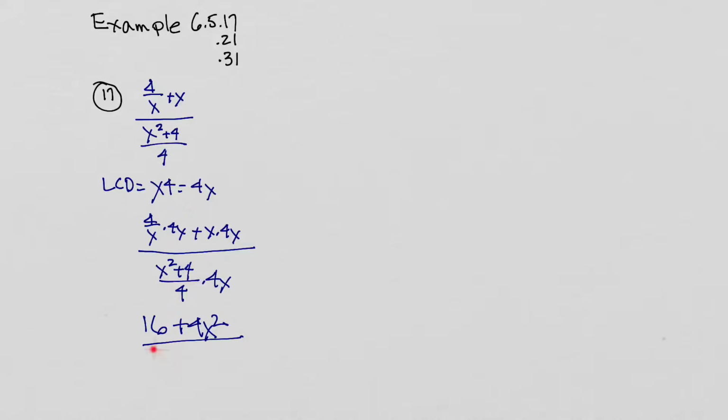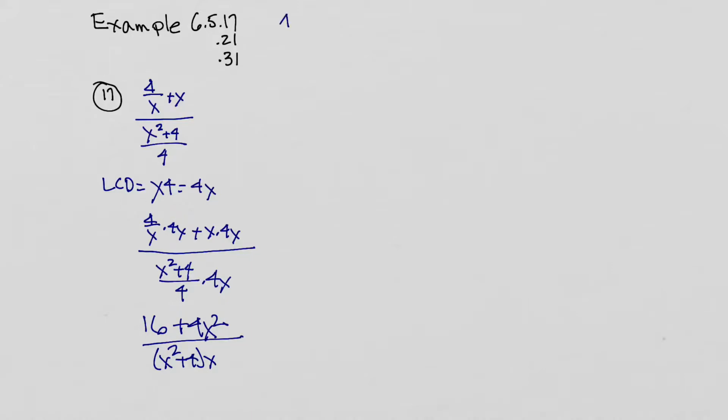Now I'm going to write it like this. I will write it as x squared plus 4 times x. I'm doing that because I like things in factored form if I can get them. And now in this numerator, I can factor a little bit, right? We can take out a 4. So let's take a 4 out of here. I'll do that way up at the top.